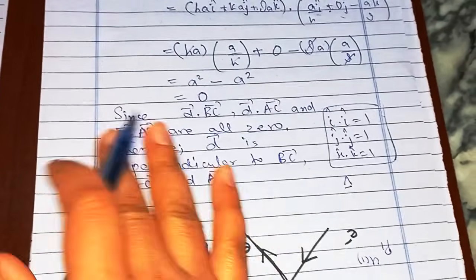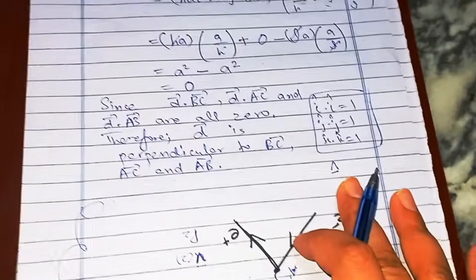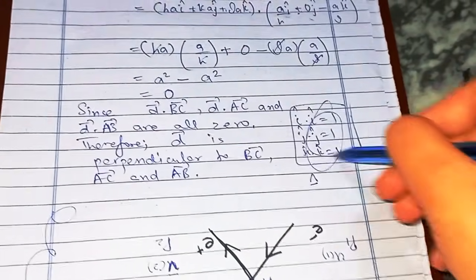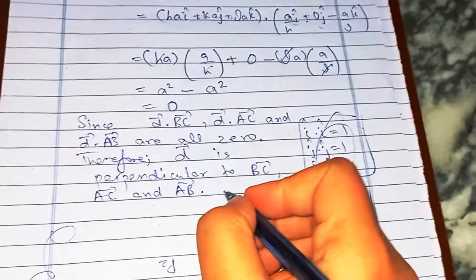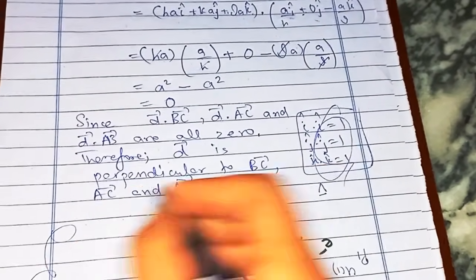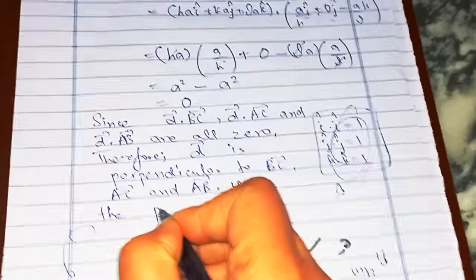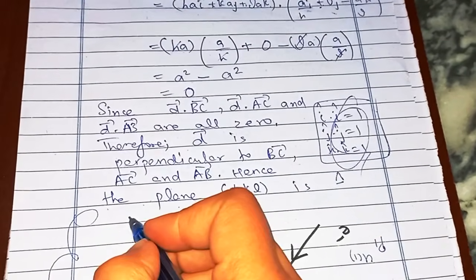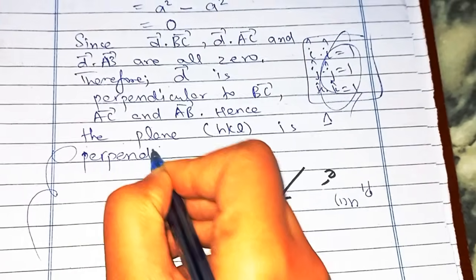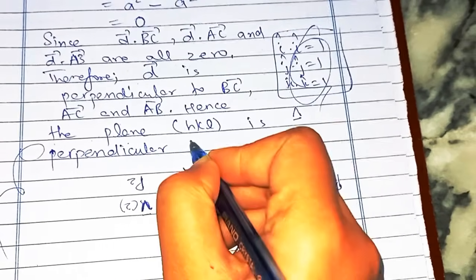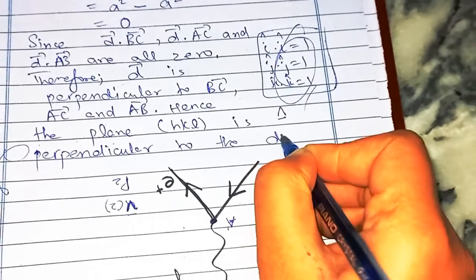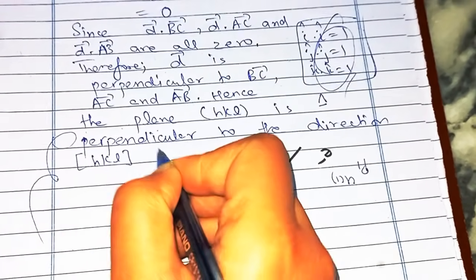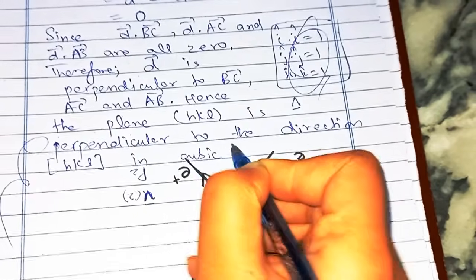We are just elongating our statement, not writing it the direct way. So we can now say that hence the plane HKL is perpendicular, or orthogonal, to the direction HKL in a cubic unit cell.